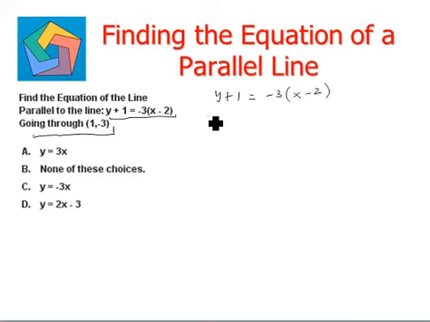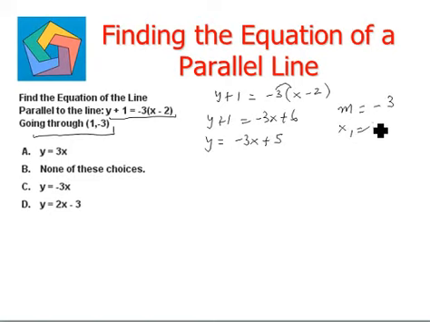We put it in the standard form first: negative 3x plus 6. We take the 1 to the other side, y equals negative 3x plus 5. From here m equals negative 3, and going through the point x1 is 1 and y1 is negative 3.